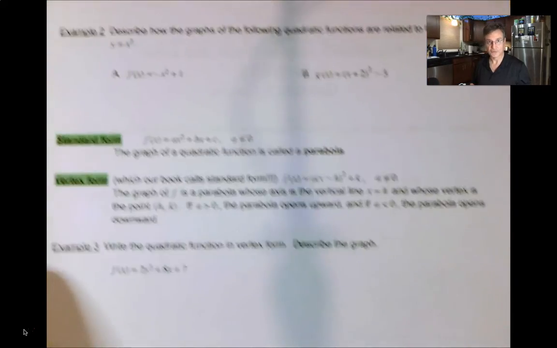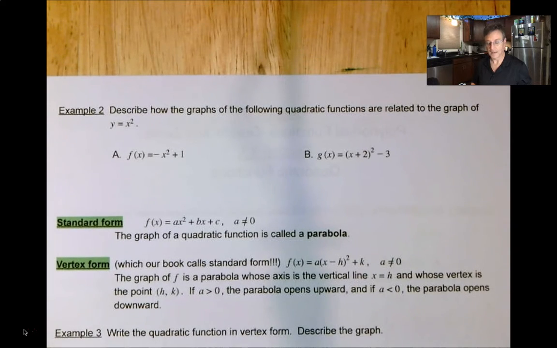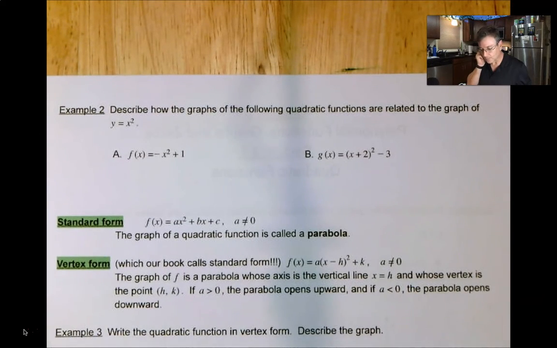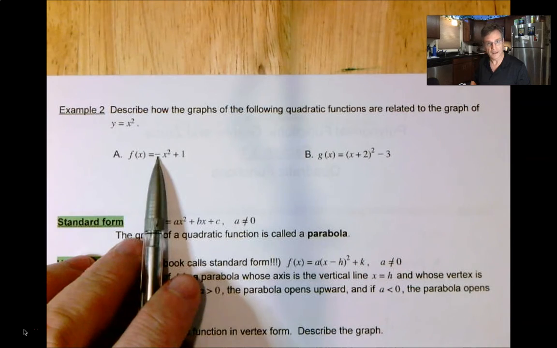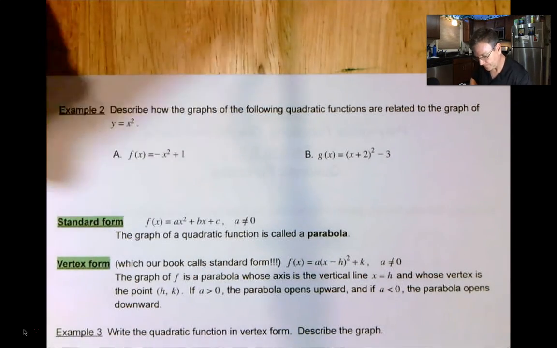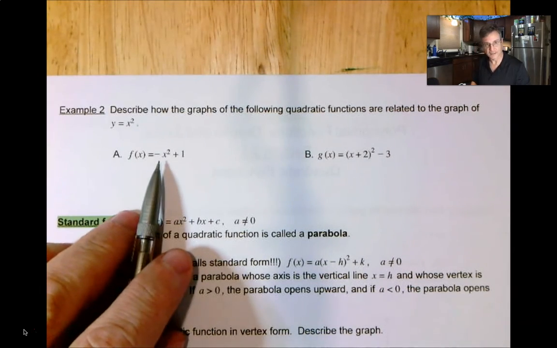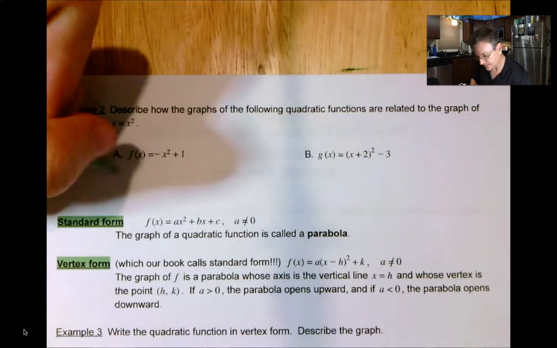So, example 2: describe how the graphs of the following quadratic functions are related to the graph of y equals x squared. So, when we add 1, it's going to shift up and be reflected. What type of a reflection is it? It's a reflection in the x-axis.